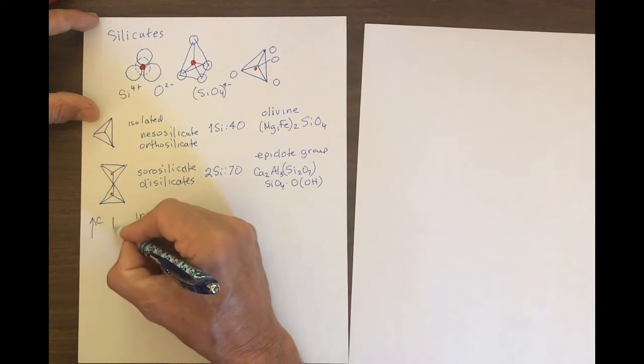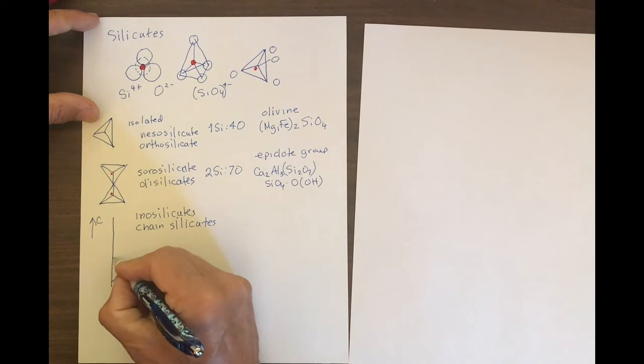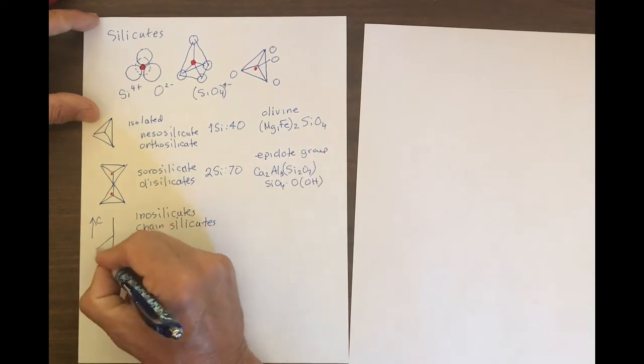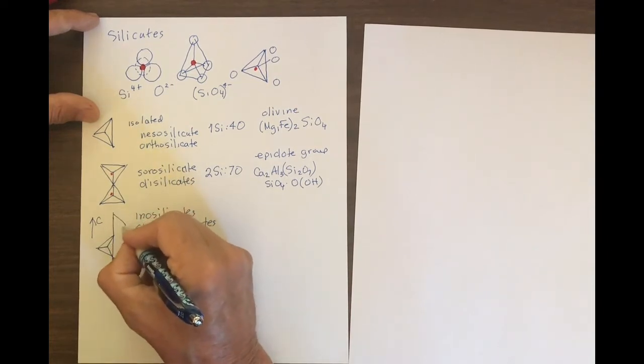And we can write out one of these. There's the c-axis. And here is the silica tetrahedra, like that. The next one on the opposite side of the chain, like that. And the next one farther up, like this. Okay.